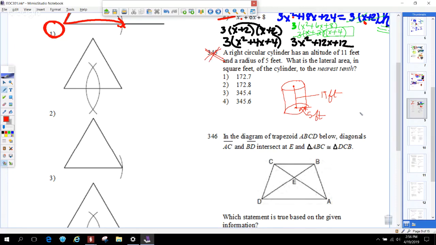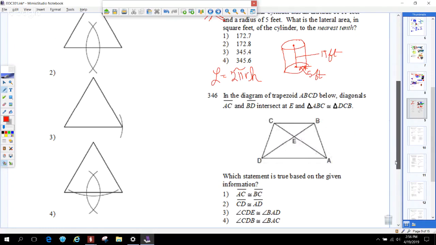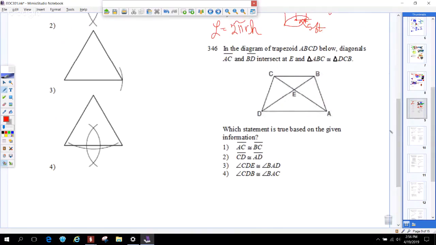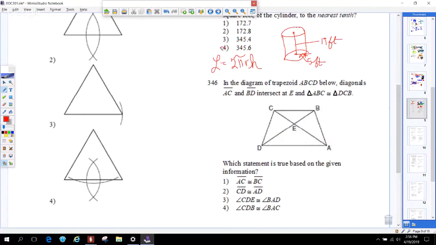If you want to look up the formula, you can. The formula for lateral area is 2 pi r height, but we're not doing it, so don't worry about it. That answer would end up being choice 4 if you're wanting to extend yourself, but again, it's not for the EOC.